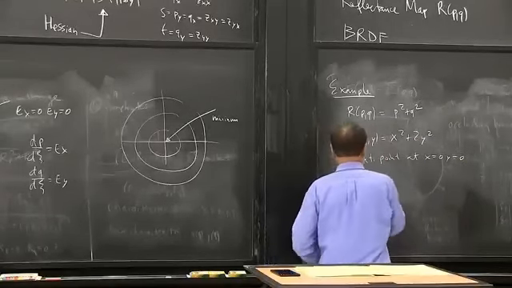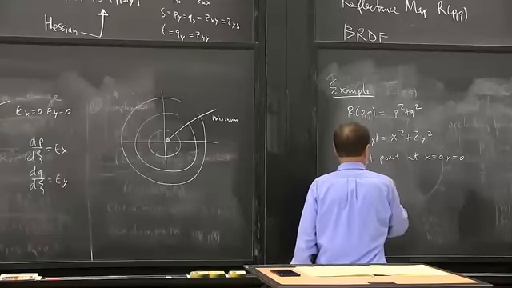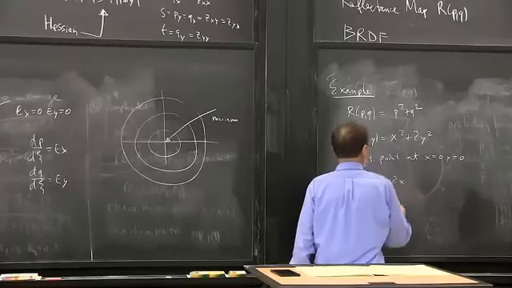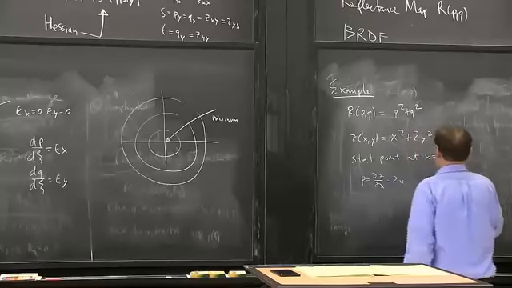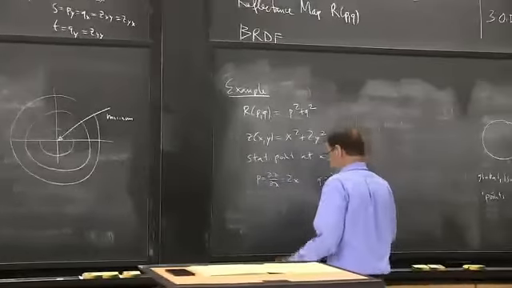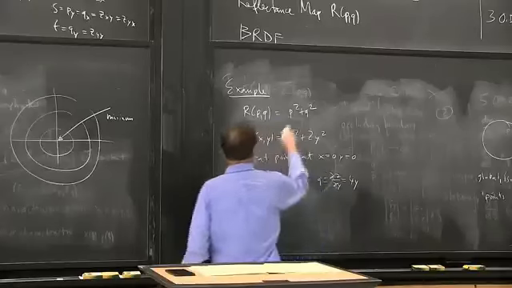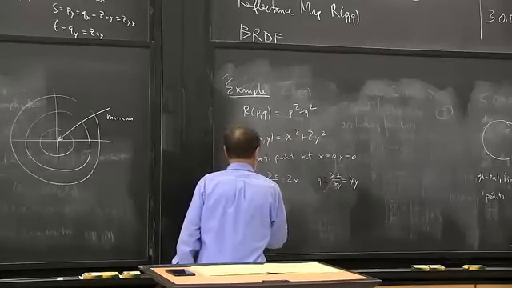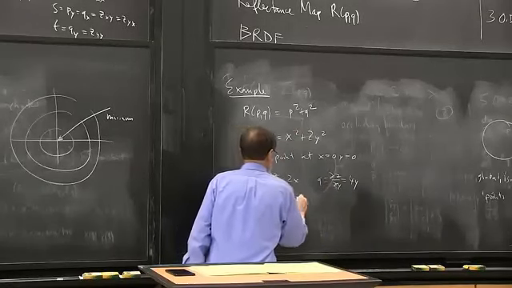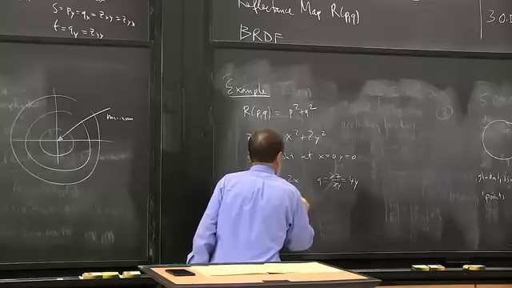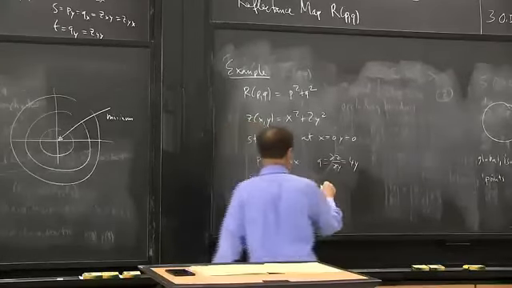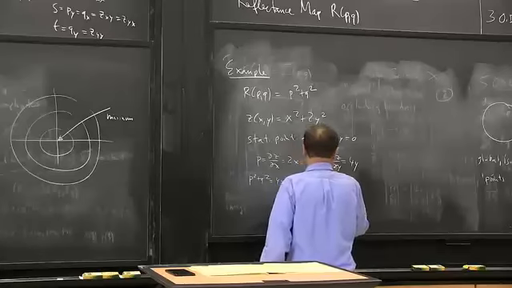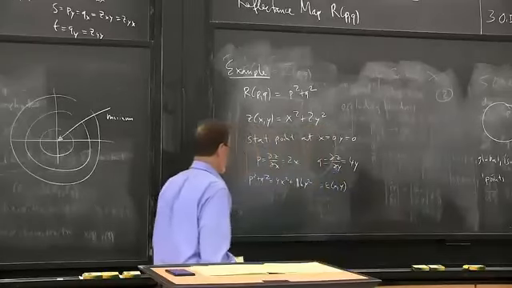And let's see, so you got P, which is dz/dx, is 2x. Q, which is dz/dy, is 4y. And then the reflectance map gives us P squared plus Q squared is 4x squared plus 16y squared. And by the image irradiance equation, that's actually the image.